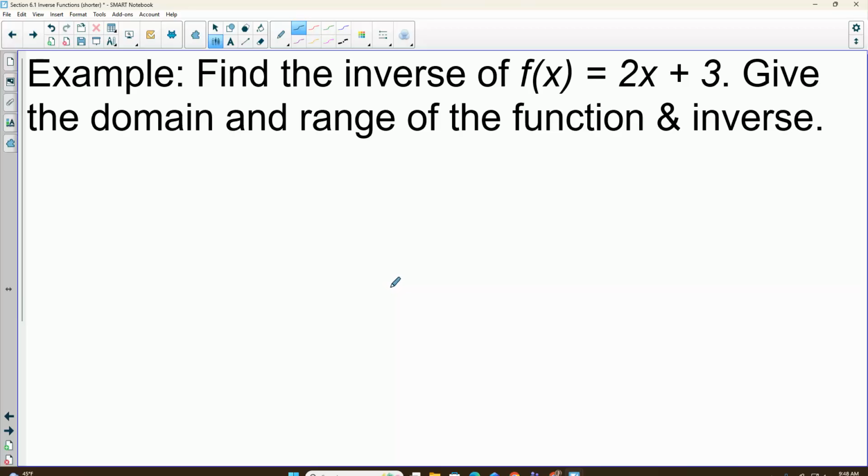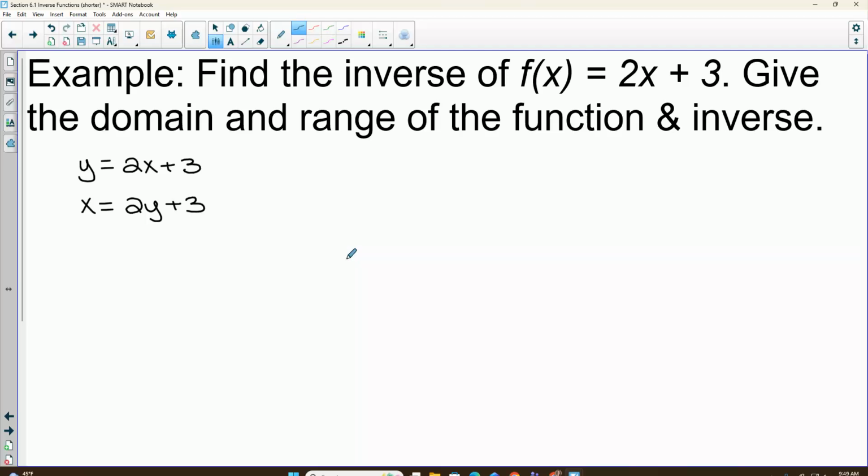So let's take a look at a problem. If I want to find the inverse, step one says instead of f of x, we put y. Then we have to switch the x and the y. So this becomes an x, that becomes a y. Third step is to solve for y.